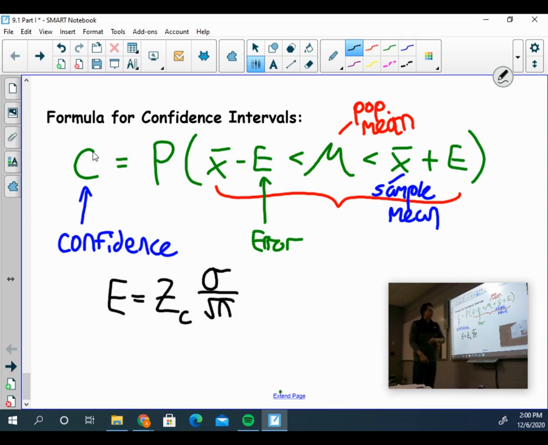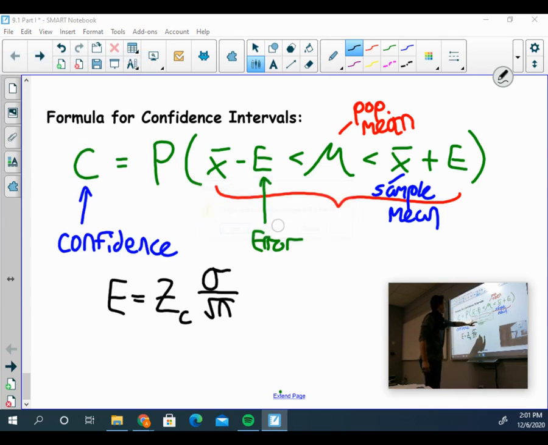And we're going to multiply it by our population standard deviation and divide that by the square root of our sample size. Okay? This will help take what we know from the standard normal curve, that 90% of our data is between blank number and blank number, and apply it to our specific data set.